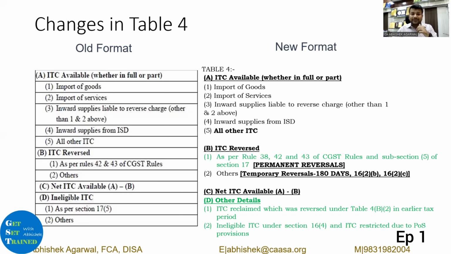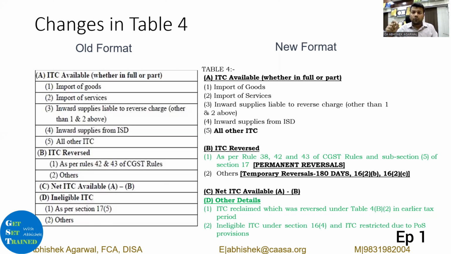What they're expecting from taxpayers is, let's say you have eligible ITC of 100 rupees in your GSTR 2B. Today you were simply taking that as all other ITC, 100 rupees. Now you have 30 rupees credit, let's say, which is blocked credit. That blocked credit of 30 rupees is now expected to be added in 4A5.